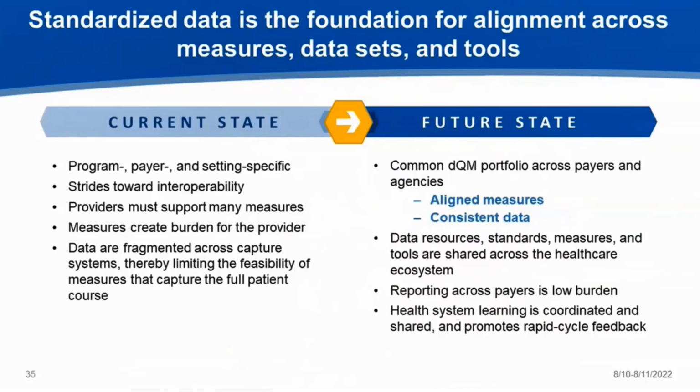And that need for alignment is going to require an ongoing commitment. It's not one that we think can be finished prior to the implementation. It will have to be continuing and ongoing as data needs change, and as the tools we have to make use of those data also change.